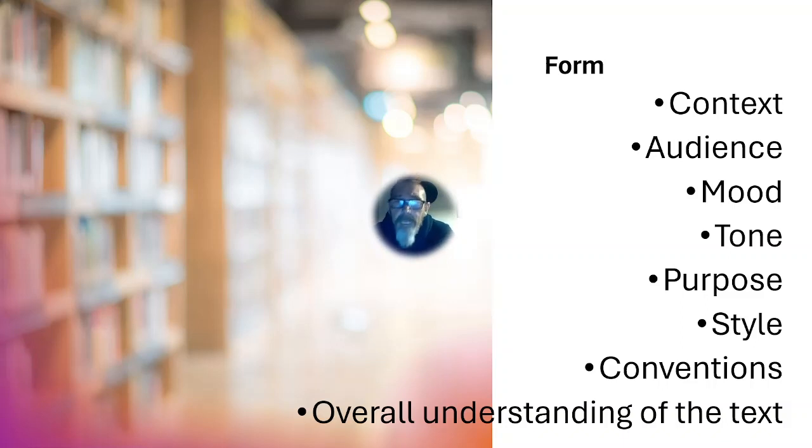Being able to identify the audience is going to be important, or the overall mood created in the text, or the overall tone created by the writer. The purpose, to entertain, etc., that you need to keep in mind. It's that general style, that general flavor, that feel of the text, and your key conventions are going to be part of your form.